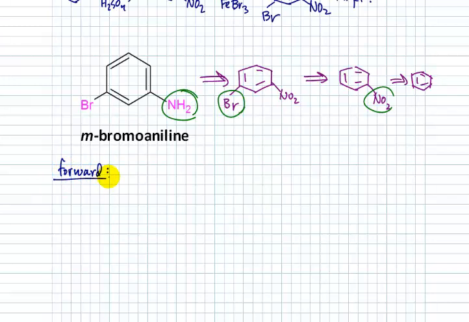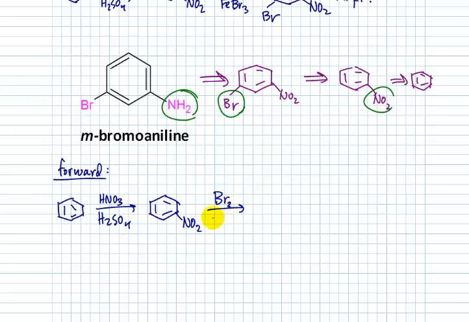So just doing our regular forward reaction will look like this. Let's start with benzene. Let's start this one just like the other one. HNO3, H2SO4, making nitrobenzene. Then brominate, Br2 with FeBr3.